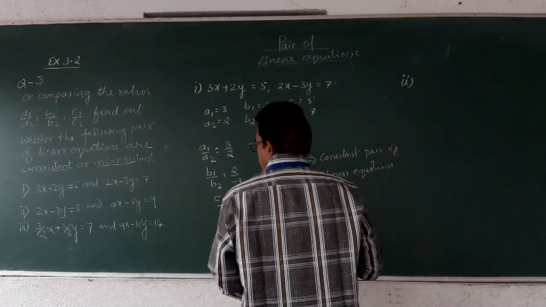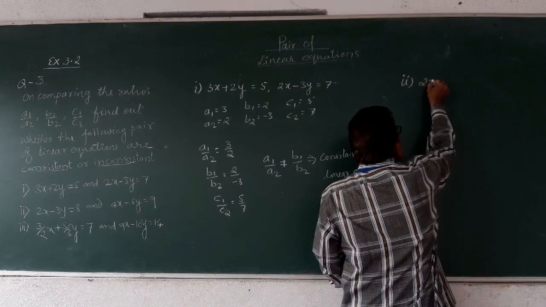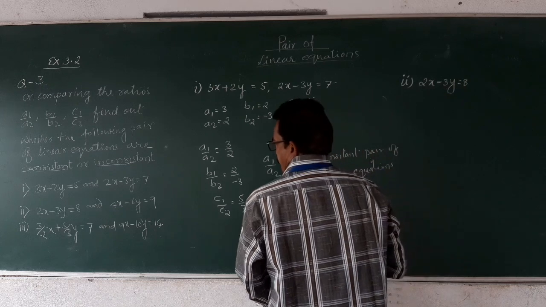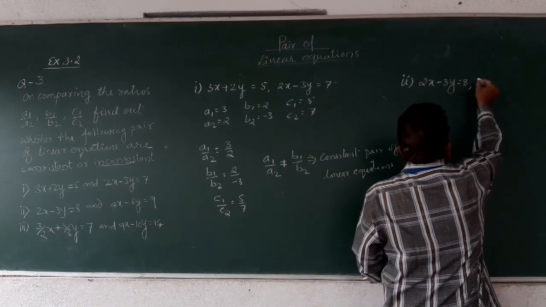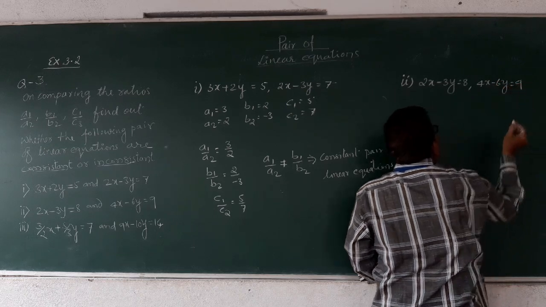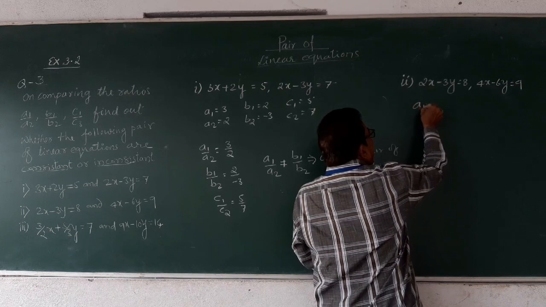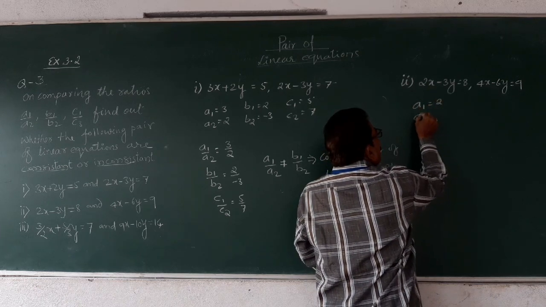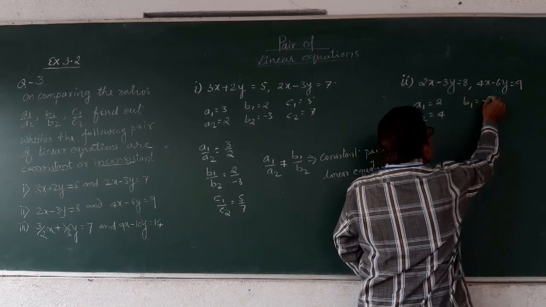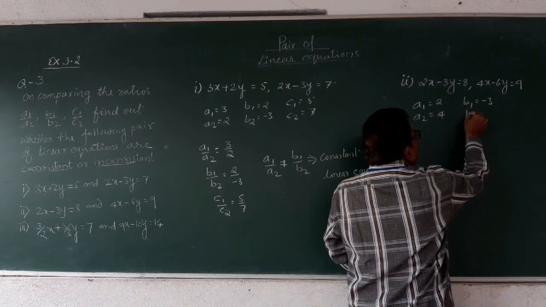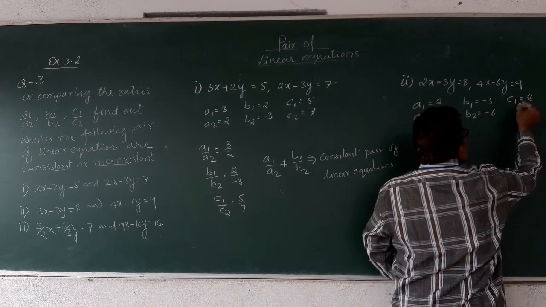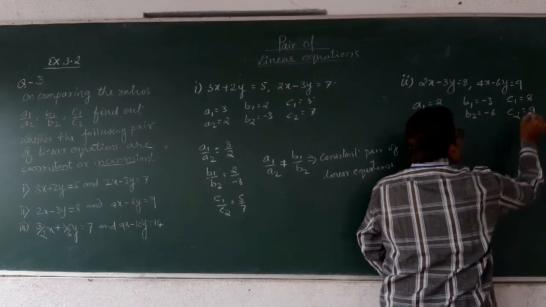See, 2x minus 3y equals 8, then 4x minus 6y equals 9. Okay, a1 equals 2, a2 equals 4, b1 equals minus 3, b2 equals minus 6, c1 equals 8, c2 equals 9.